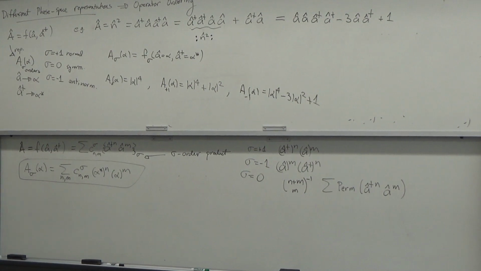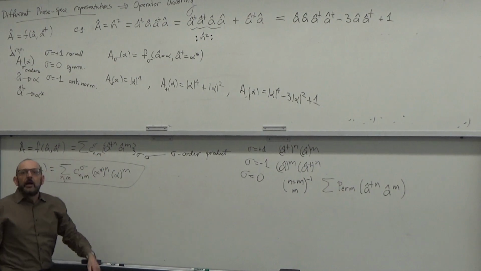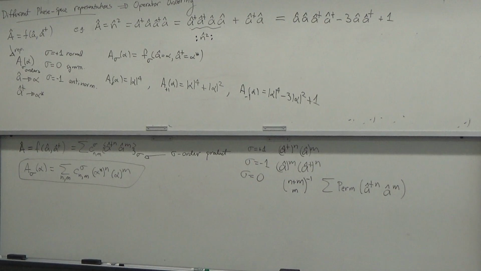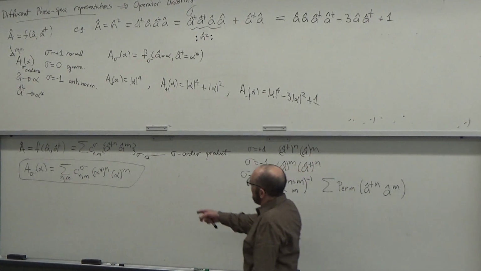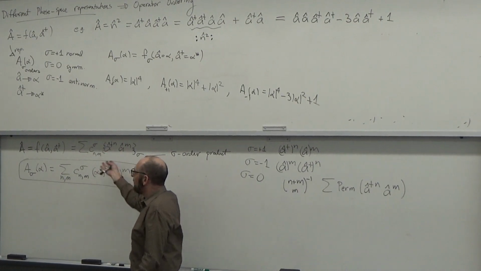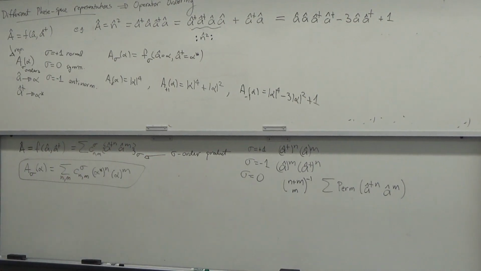Okay. So our goal is to find these sigma ordered power series. If we can do that, we're done. We're golden. Because then we just have to plug in, just substitute wherever there's an a dagger, an alpha star, an A, and alpha, and sum it up. And we have the representation. Okay.